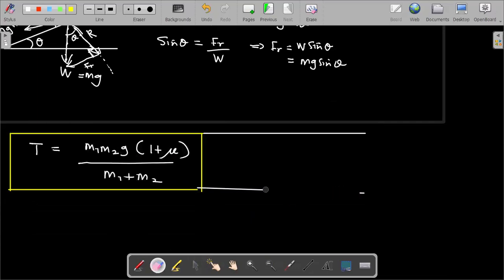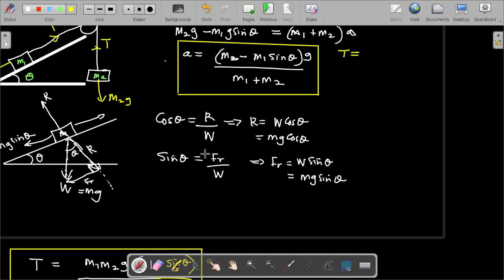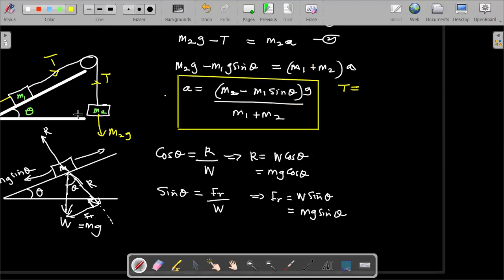However, let's take away this line. Instead of going through the entire derivation once again, we can just replace this with sine theta, and that gives us the required derivation for this kind of system where it is connected over an inclined pulley.